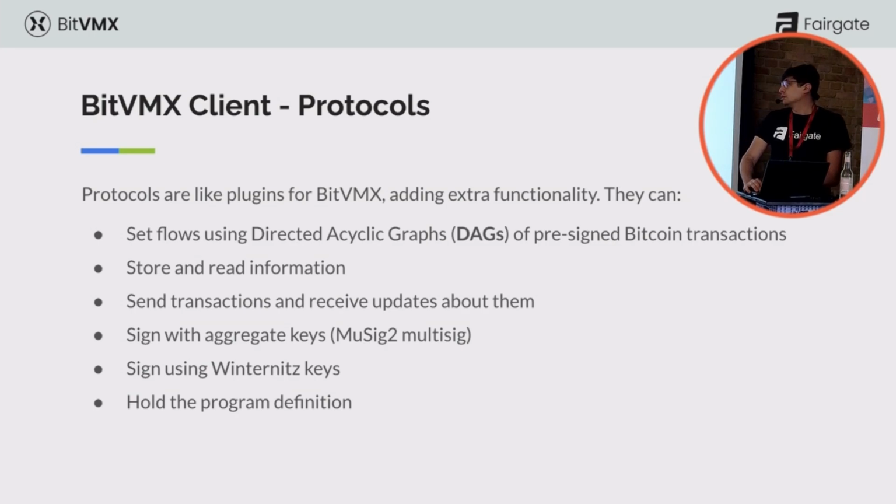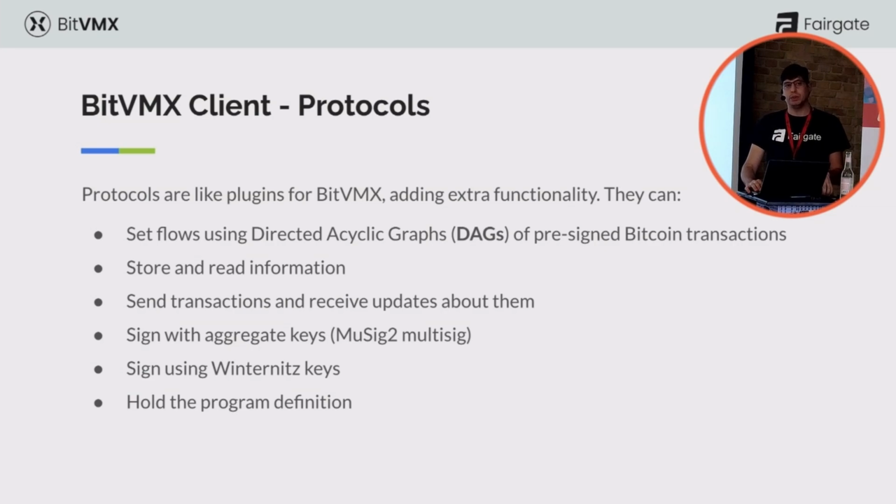We sign the transactions with the key manager, or in the case of a multisig with multiple participants, we use MuSig too. We also can sign one-time signatures using Winternitz. Sergio is going to be doing a talk about payment channels where he will be mentioning how to work with one-time signatures.